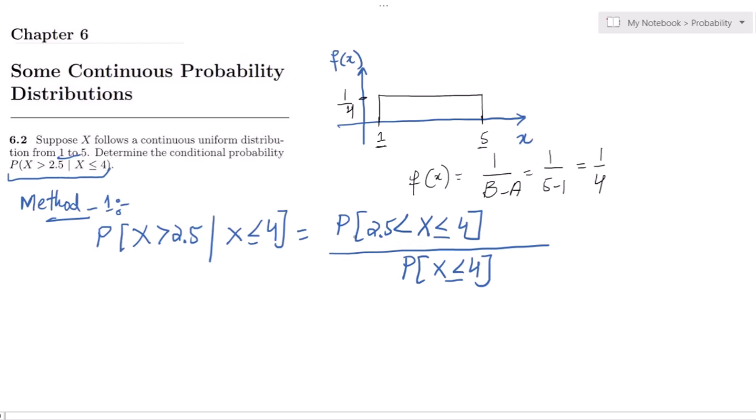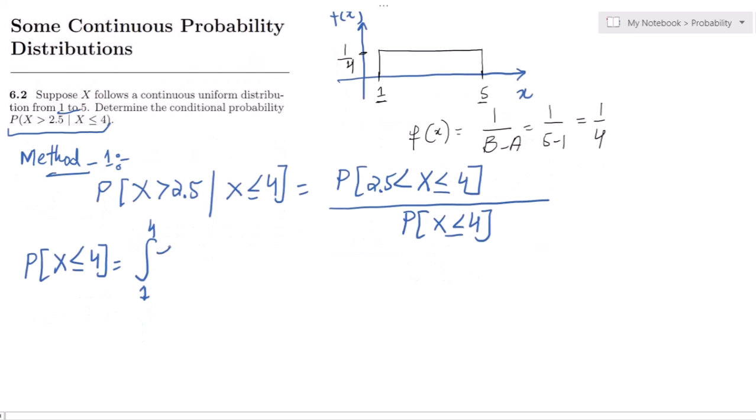In order to find both of them, we have to use the similar formula for the probability density function. The probability that x is less than or equal to 4 will be from 1 to 4, because all the values from 1 to 4 are included in this distribution. Here we write the integral of f of x dx.